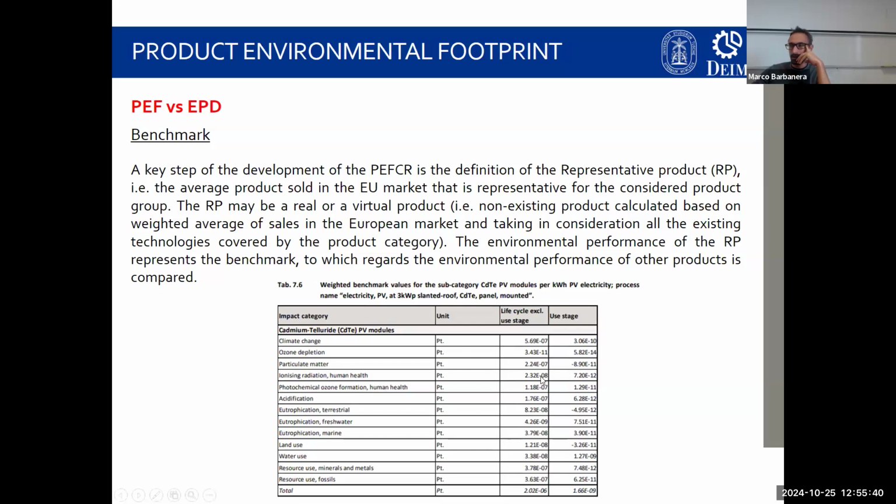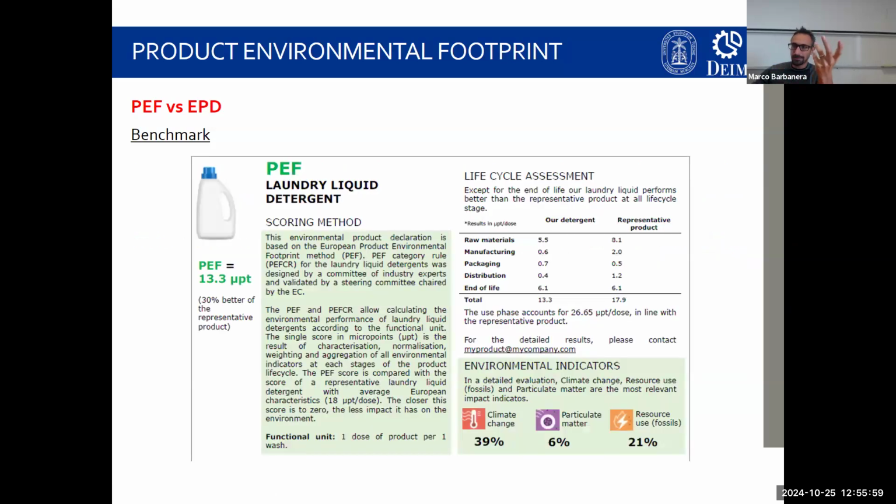So we can compare the environmental performance of our product to the results obtained for the average product in the market for that product category. This is the other main difference between a PEF scheme and an environmental product declaration.